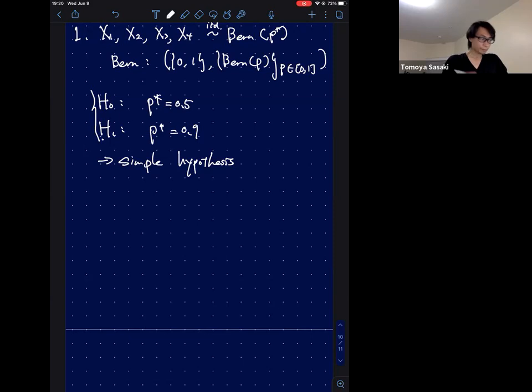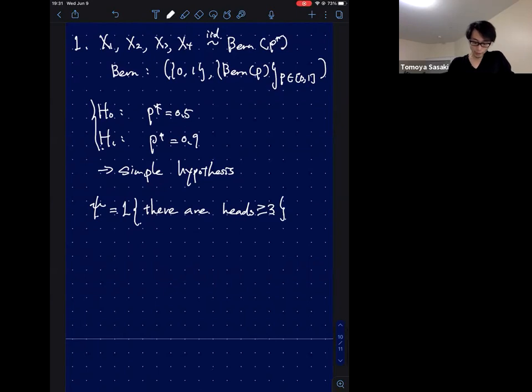Okay, so our test statistic is whether there are 3 or more heads or not. This is the exam setup we have.